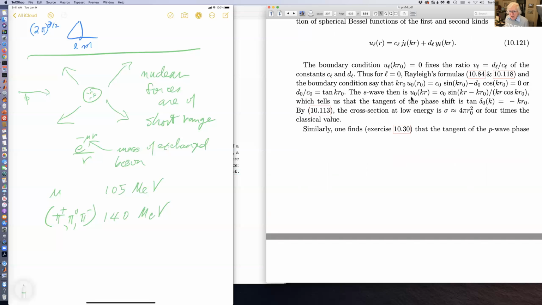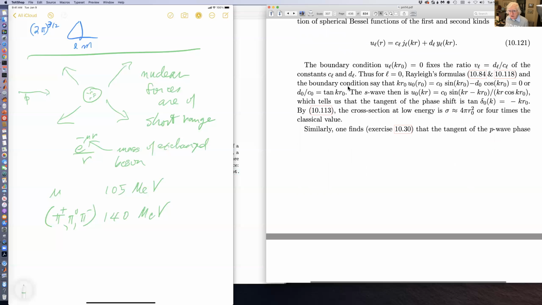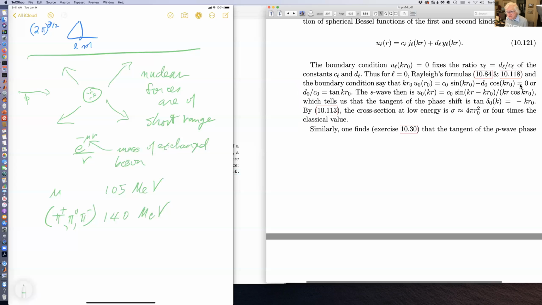I don't know if we need to go through this in detail, but what you find is that for L equals 0, using Rayleigh's formulas, U0(kr0) is C0 sine minus D0 cosine, and D0 over C0, if this is 0, is tan of kr0.